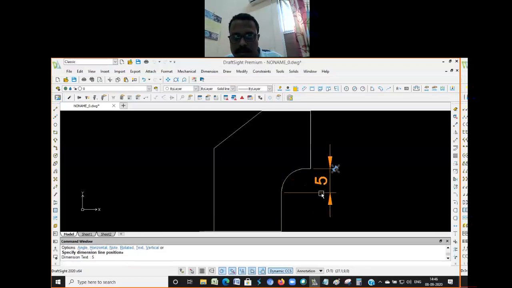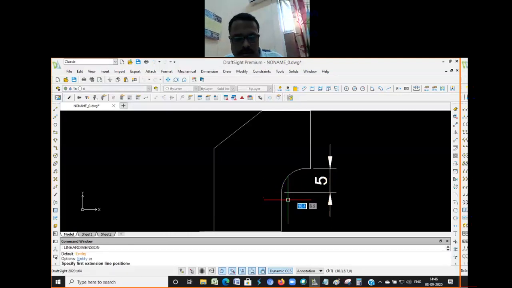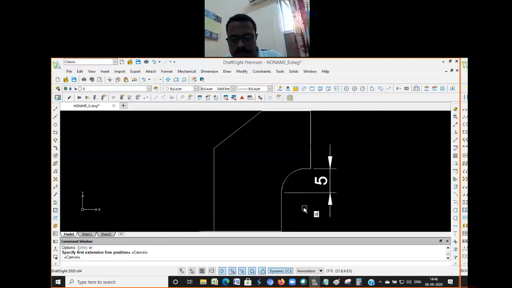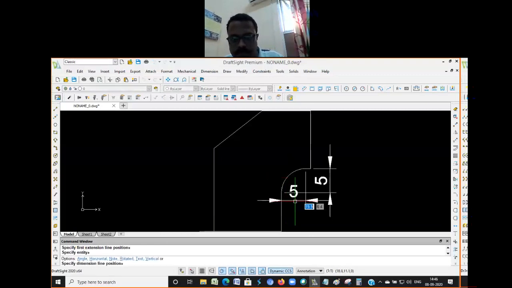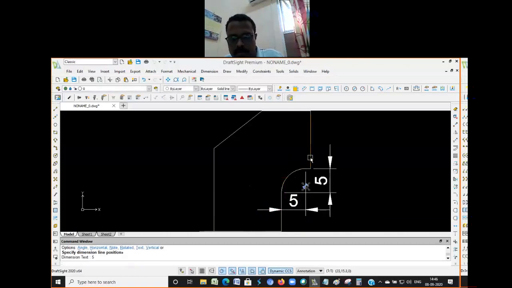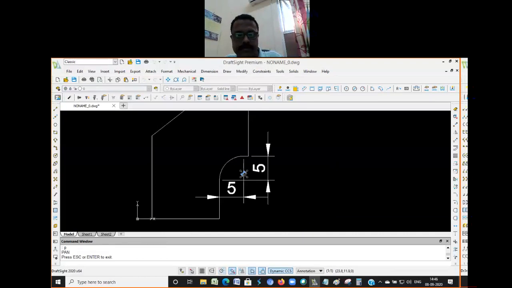This is 5 millimeter from there, and 5 millimeter on this line. It is going to smooth it out.